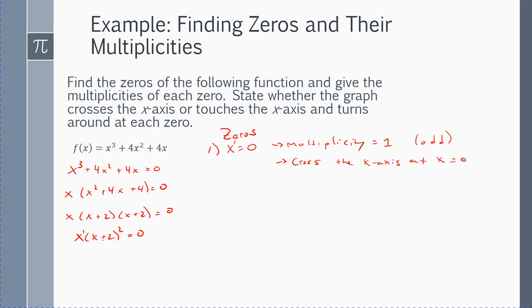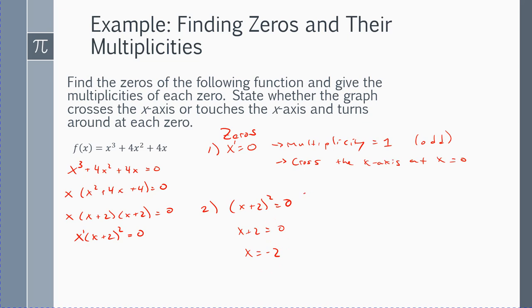Now looking at our other zero, x plus 2 squared is equal to 0. Well, look, all that matters is what's underneath here. So x plus 2 is equal to 0, so x is equal to negative 2. But its multiplicity is this exponent.